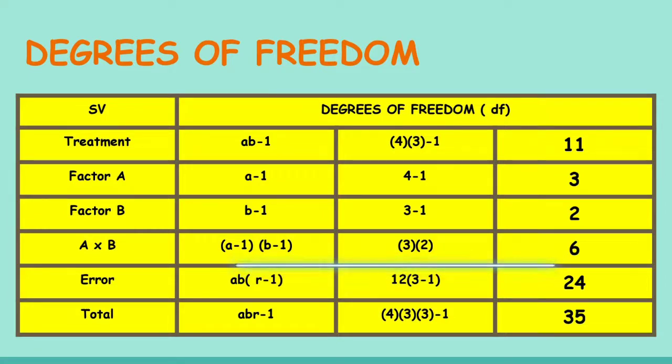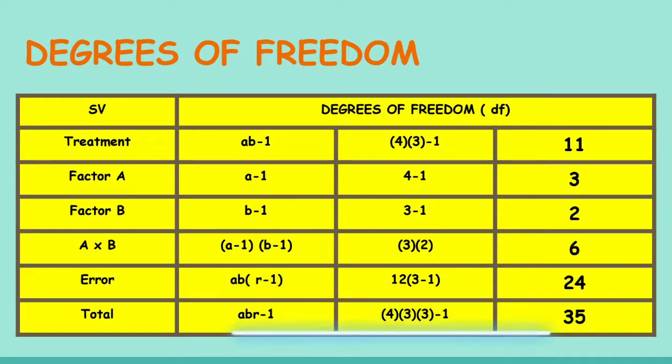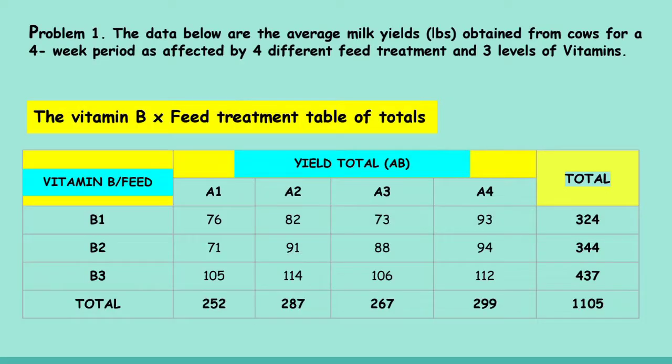For error, we have AB times R minus 1 equals to 12 times 3 minus 1, a total of 6. And for our total, we have ABR minus 1 equal to 4 times 3 times 3 minus 1, total of 35.